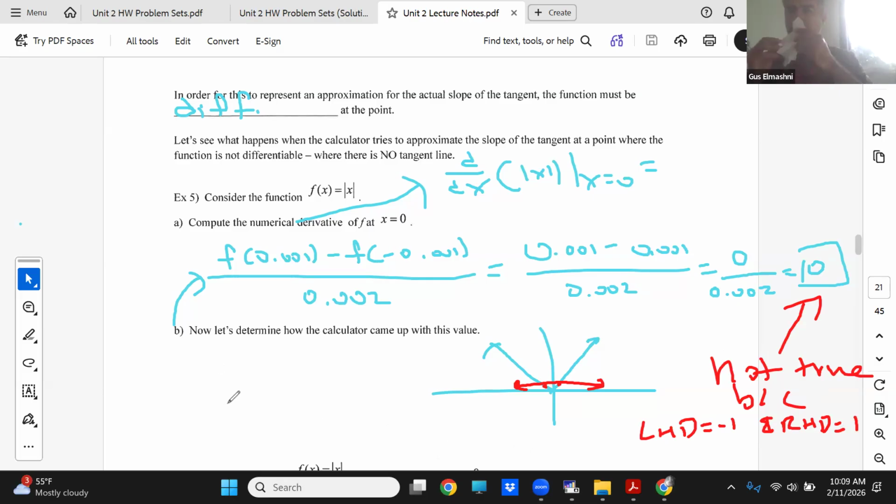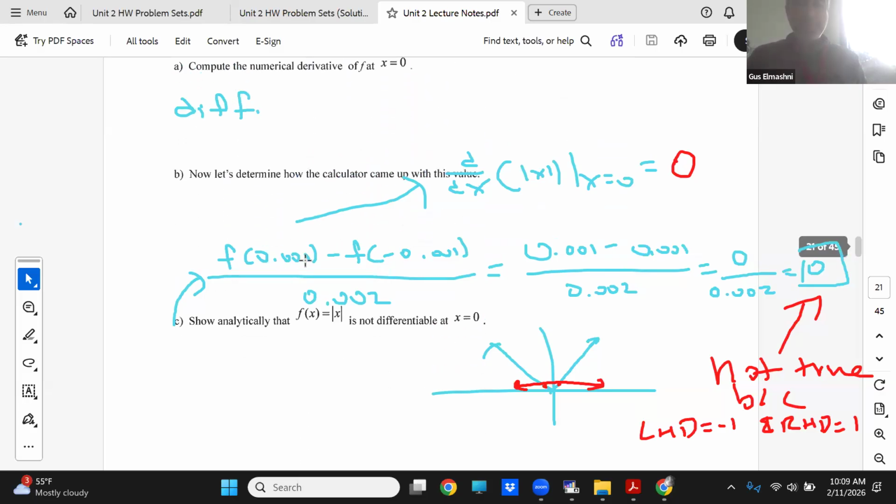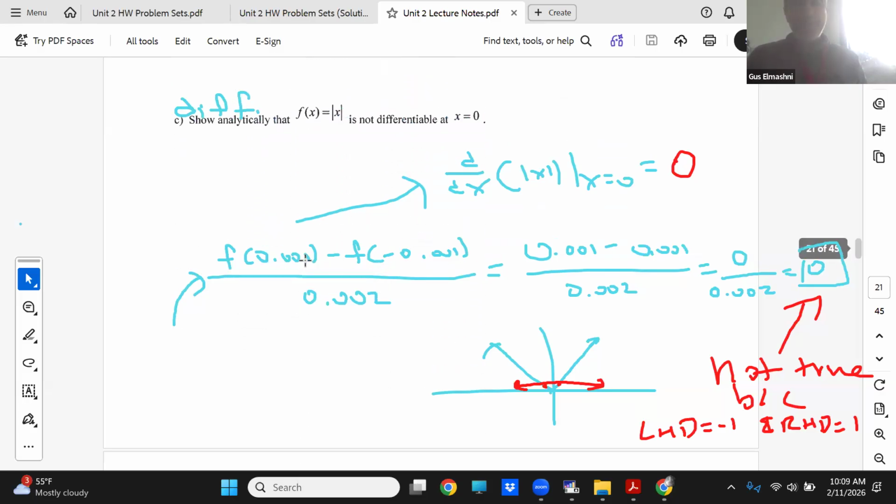It's a corner, right? So again, it's lying to us. I'll make sure you guys are aware of that. And analytically, you get the idea.